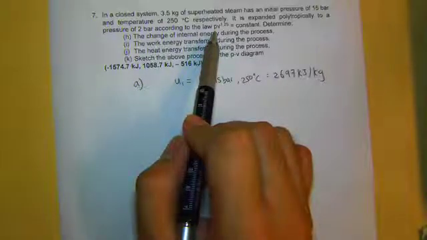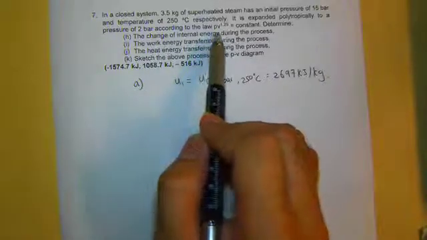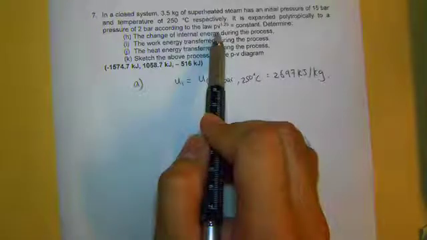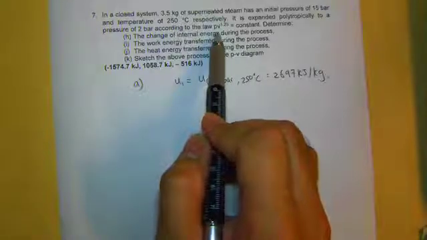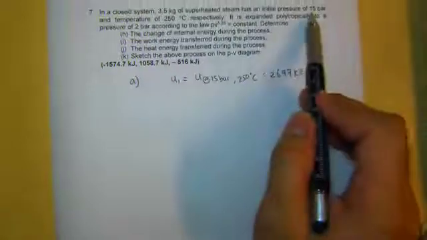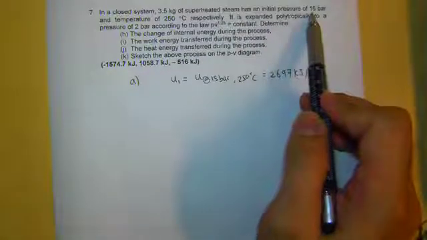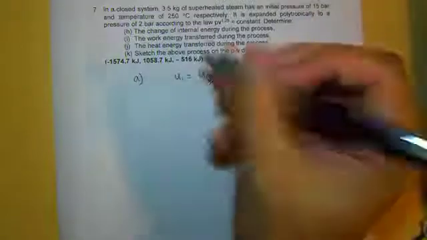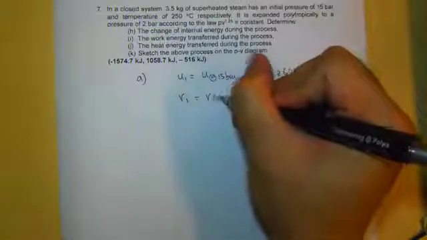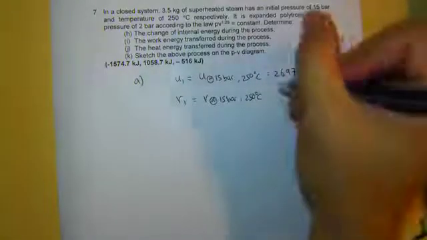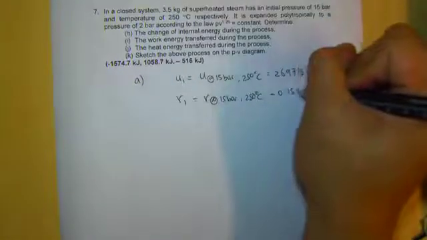If we want to apply this relationship, we need P1, V1, P2, V2. We have P1, we do not have V1, but can we find V1? Yes, we can. V1 will be the v value from the superheated table at 15 bar and 250 degrees Celsius. From the table, it will be 0.1520 meter cube per kg.